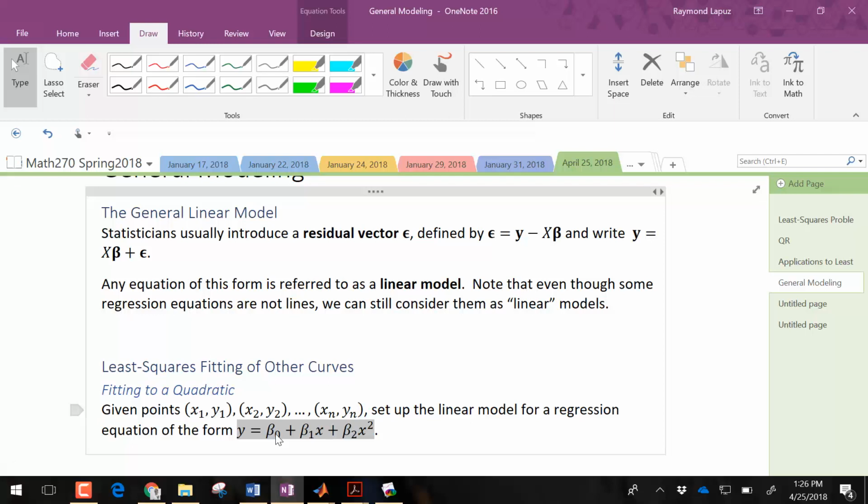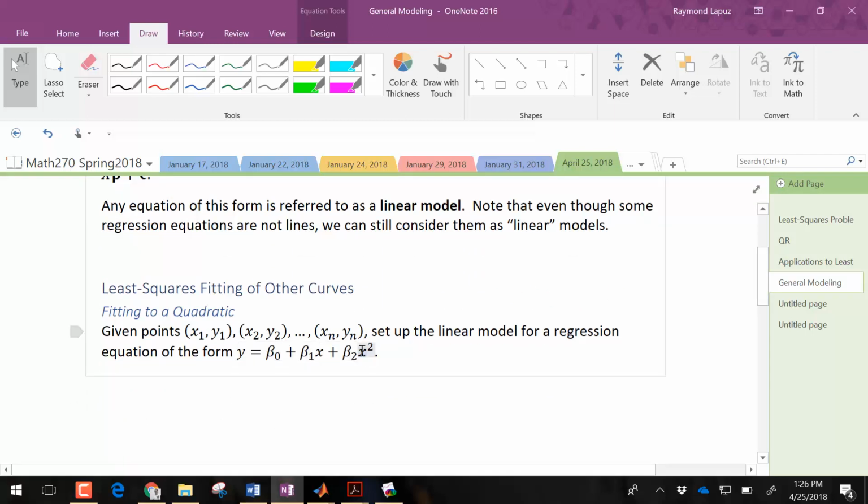So what we need to do is figure out what our design matrix is going to look like and what it is we're actually solving for. There's not much freedom in what x squared is. It's really controlled by what x you put in. Our design matrix is just a linear combination of 1, x, and x squared.